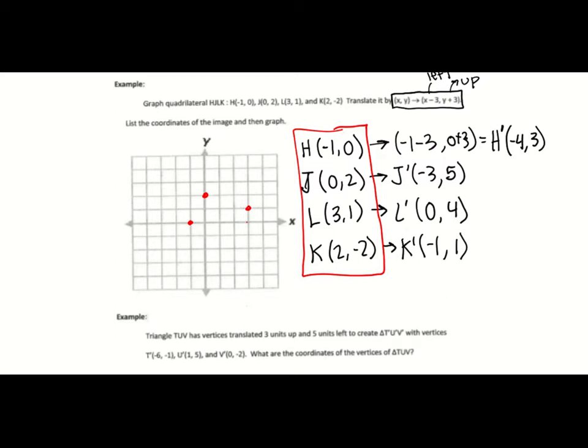And K is right 2, down 2. Okay, so remember our points are always in XY form. If I have a negative, means I'm going left in my X direction. If I have positive, means I'm going right in my X direction. I always want to do my X first and then my Y. Now I have them all drawn, so I'm going to connect my quadrilateral.